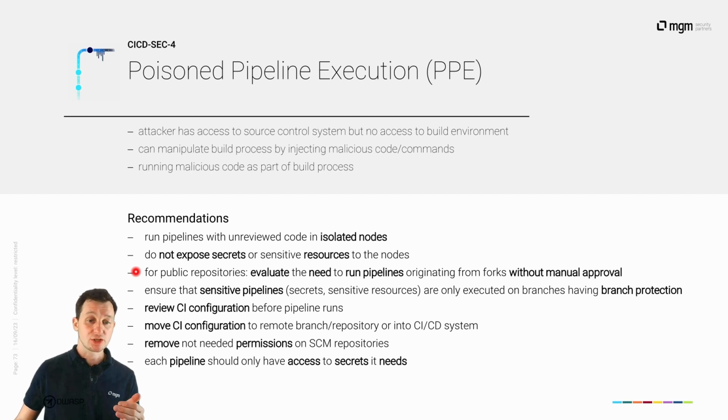We should make sure that sensitive pipelines that are given secrets, that have some access to sensitive resources, are only executed on branches that have branch protection.